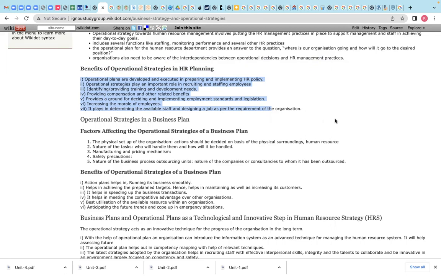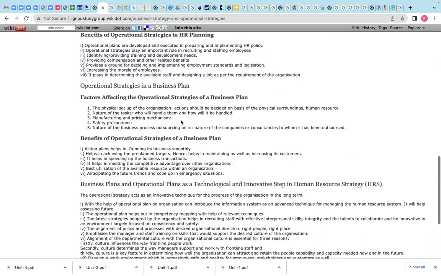It plays an important role in all the processes related to it, which includes recruitment, staffing, training and development, compensation, improving the overall standards of the employees, improving morale of the employees. Every aspect associated with human resource management is going to improve because this is what helps to implement them in day-to-day life. So basically, it is going to improve everything.